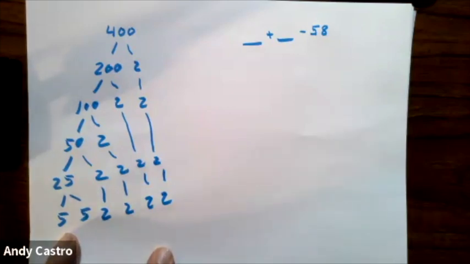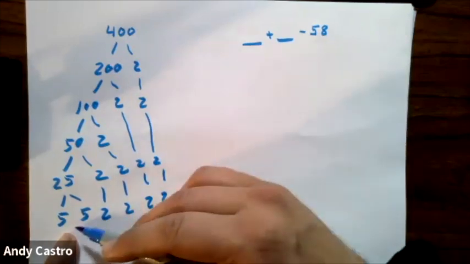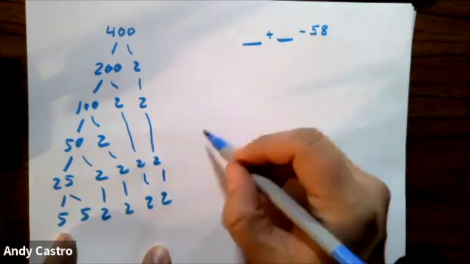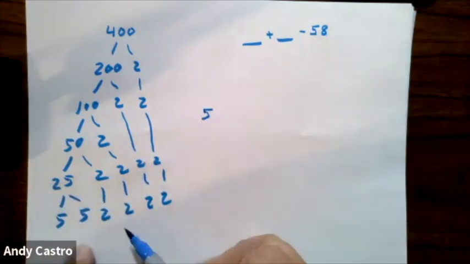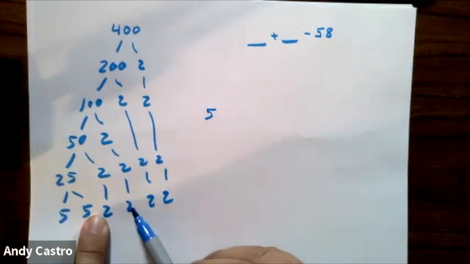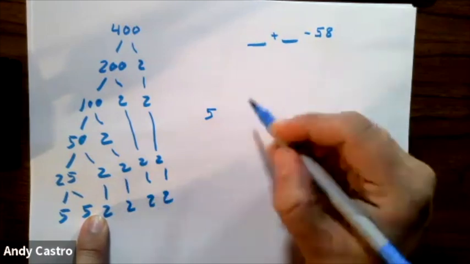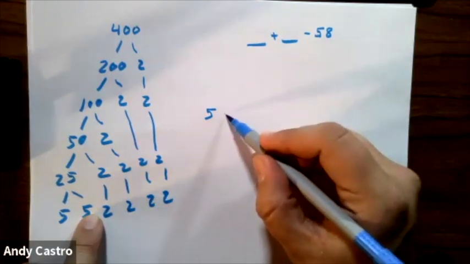So what numbers does this give me? Well, 5 and 10 times 2 is 20, times 2 is 40, times 2 is 80. Obviously, because that's what we had before.